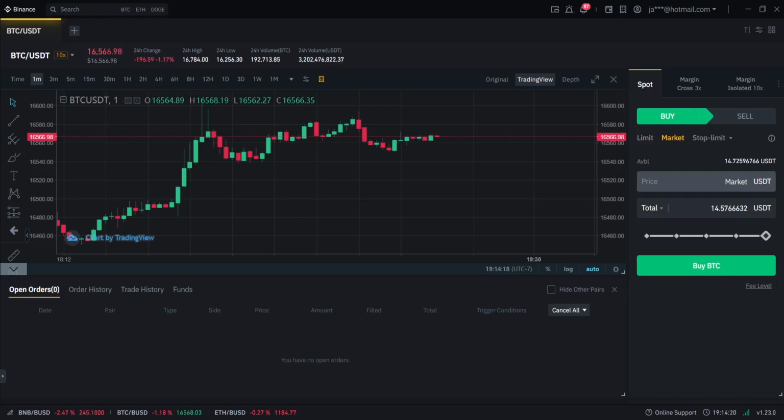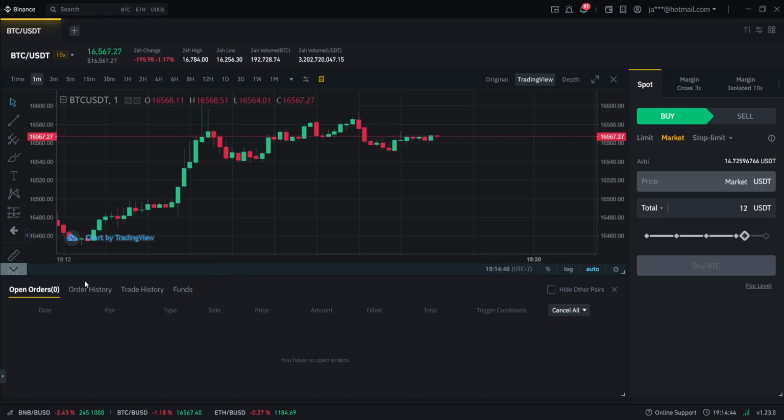Okay, now that you have an idea of what it is, let's execute it. As you can see, this is a graph of the current price of Bitcoin. And in this account, I have 14 USDT. So if I decided to buy $12 worth of Bitcoin, I will just write $12 here and select buy Bitcoin.